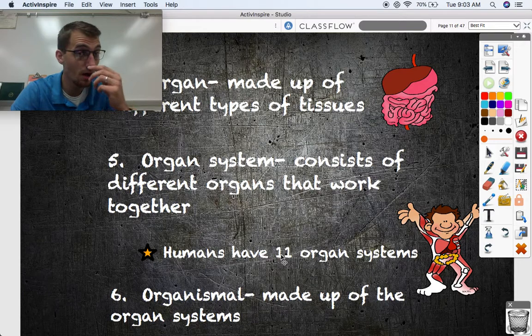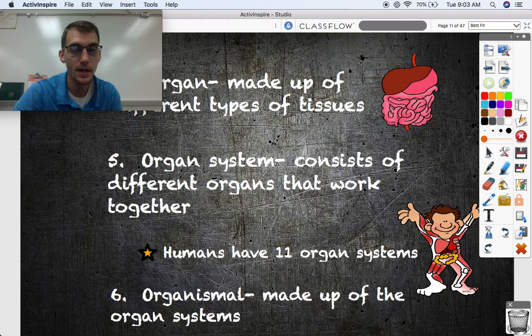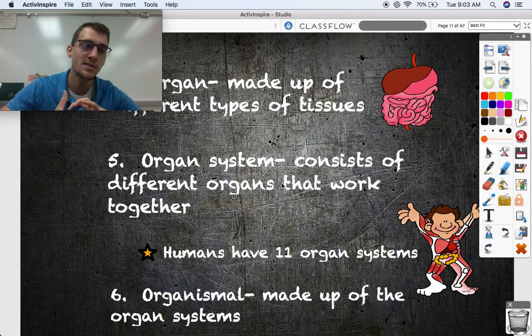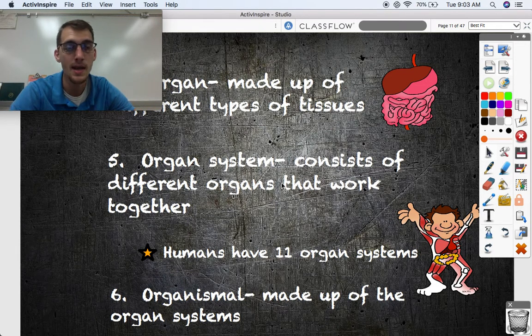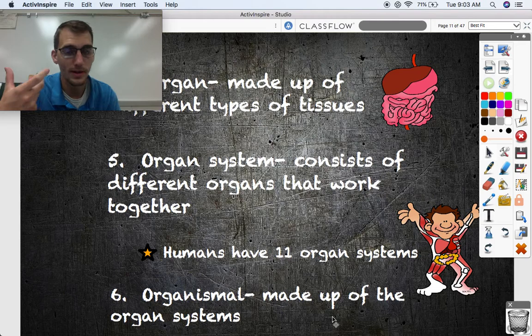And some say 12, but for our purposes, humans have 11 organ systems. Hopefully we'll get to all of them this year. And then finally, when we put all of the organ systems together and they all serve their functions simultaneously, maintaining homeostasis, we are at the organismal level, and an organism is made up of many organ systems.